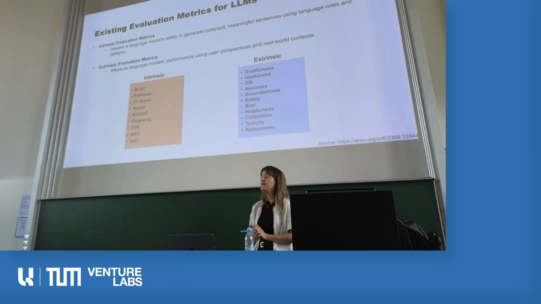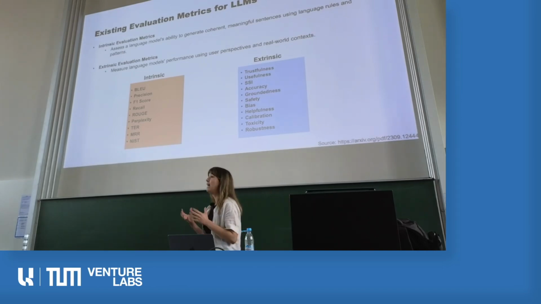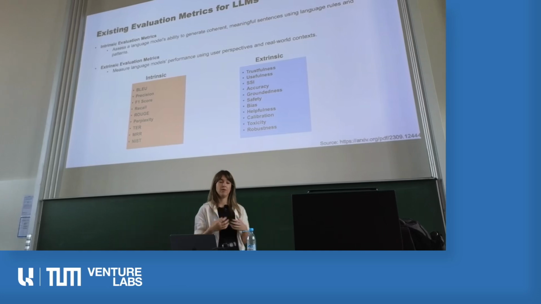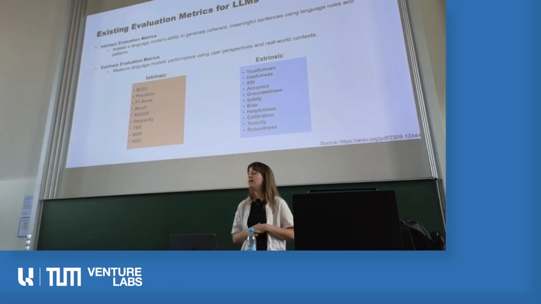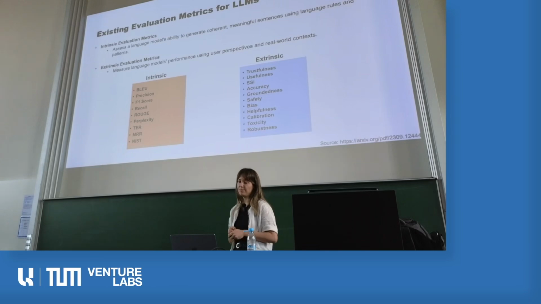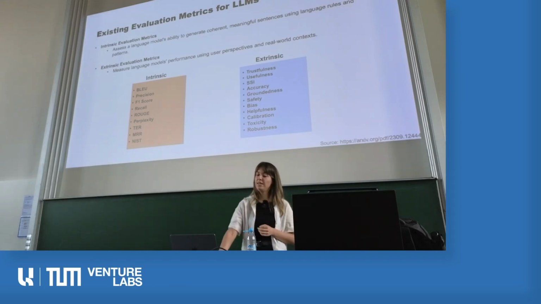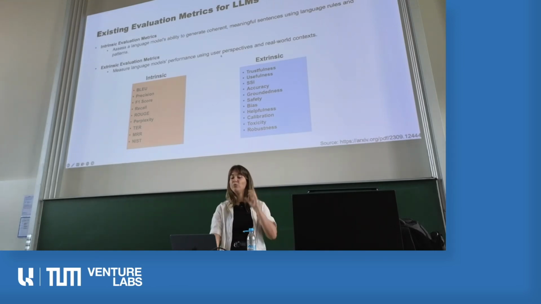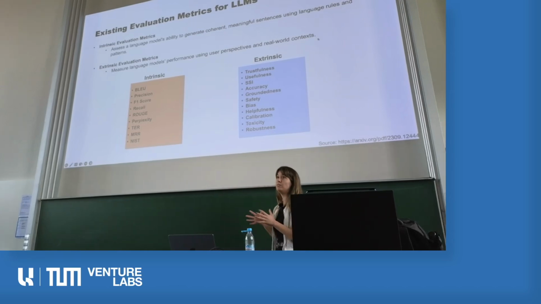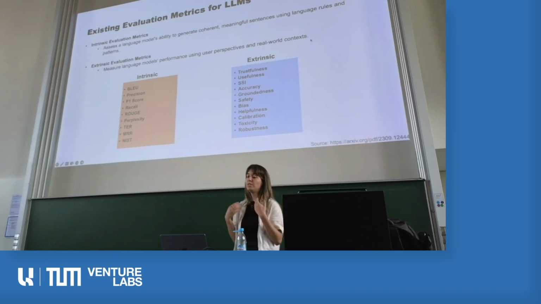This is useful to evaluate the language model itself, but not the language applications. And extrinsic evaluations measure language models' performance using user perspectives and real-world context. So this is what we want, especially for our use case, for RAGs.